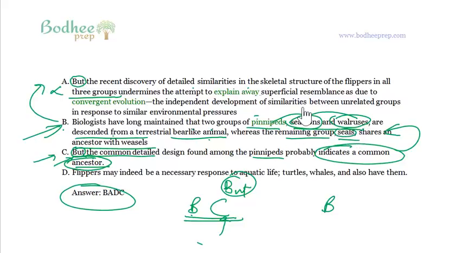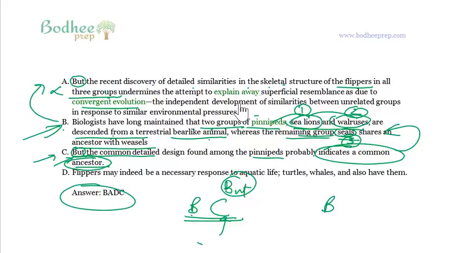So the three groups are one, sea lions, two, walruses, and the third, seals. But the recent discovery of detailed similarities in the skeletal structure of the flippers in all three groups undermines the attempt to explain away superficial resemblances as due to convergent evolution.